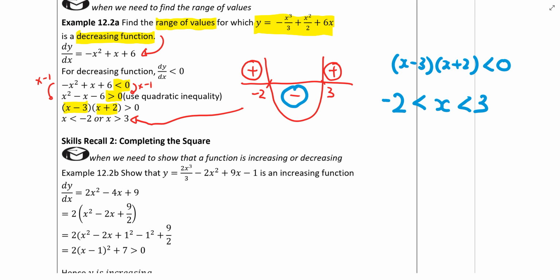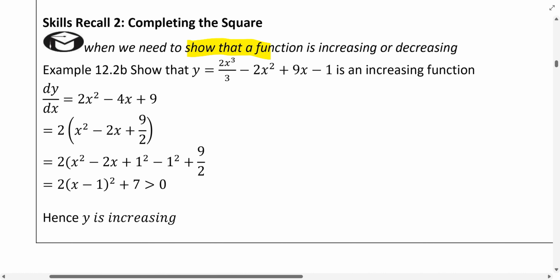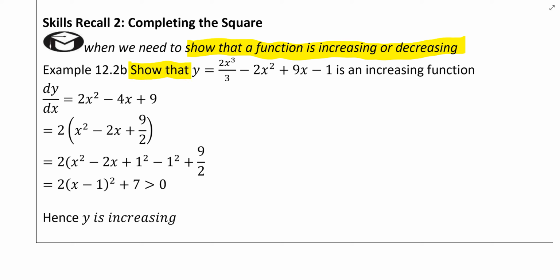Sometimes the question can ask you to show that a function is increasing or decreasing. Students are generally weak in "show that" questions, because "show that" is to try to explain. It's not just applying the concept that it is greater or smaller than 0. So if I want to show that dy/dx is greater than 0, first I differentiate, I get dy/dx.